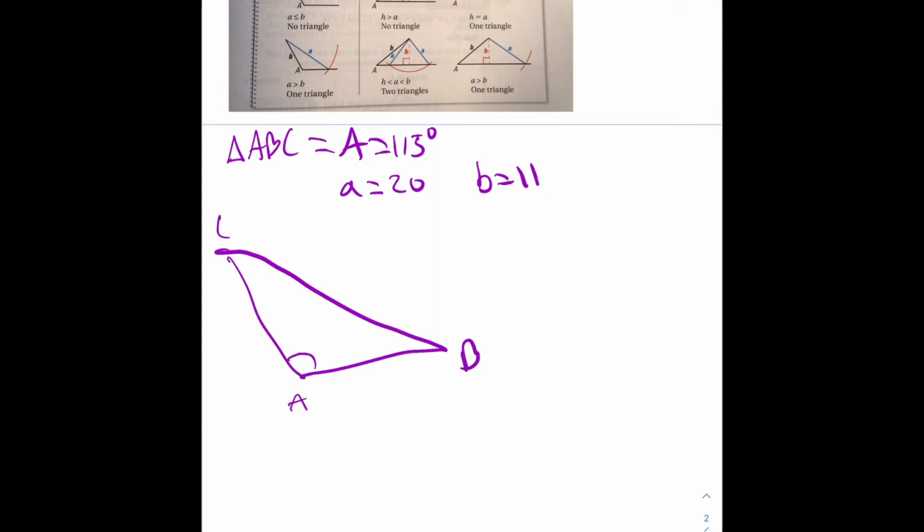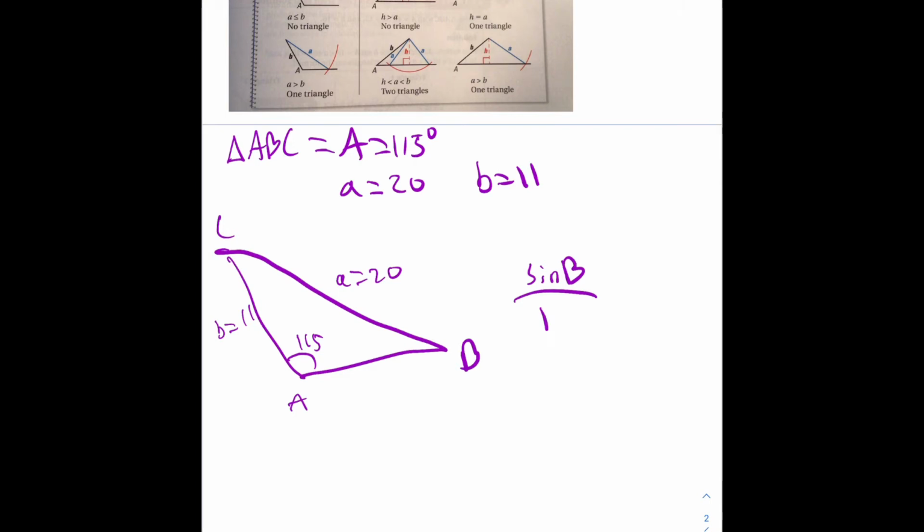So if we call this A, B, C, this is 115 degrees. Side A we said was equal to 20 and side B was equal to 11. So I'm going to set up my law of sines, which again, sine of the angle over the corresponding side.